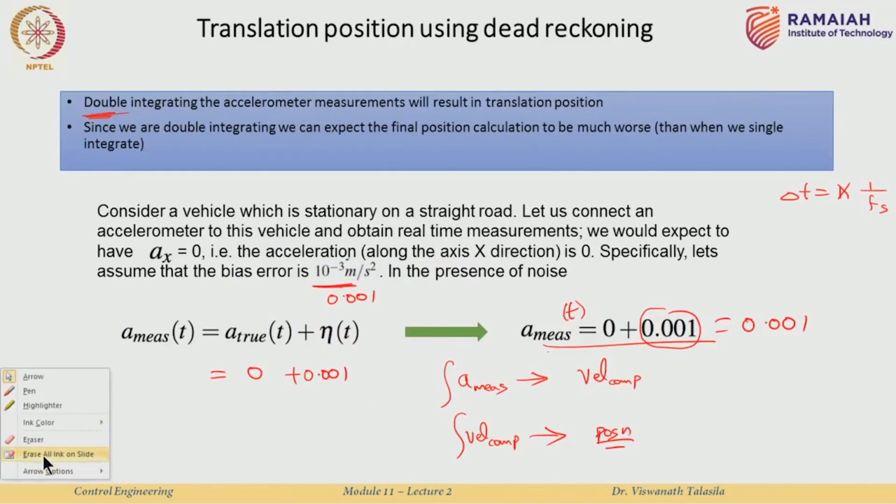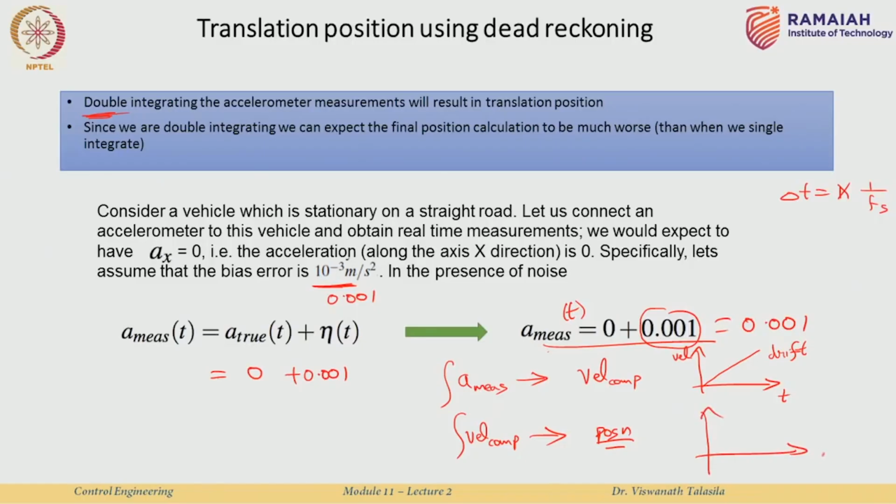Well, it is going to add this bias twice, because you are double integrating the accelerometer. So, if we know from the previous slide that if you plot the velocity as a function of time, which was obtained by a single integration with the bias of 0.001, we are going to get something like this, a straight line. This is the drift, when the true velocity should have been 0, because even the acceleration is 0.